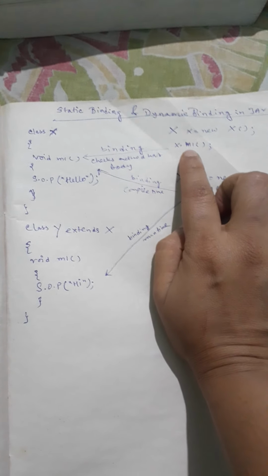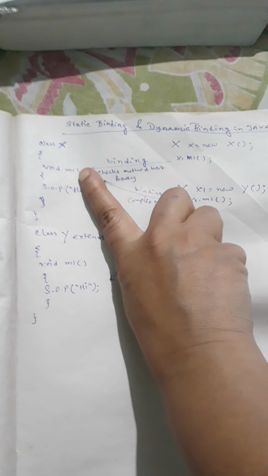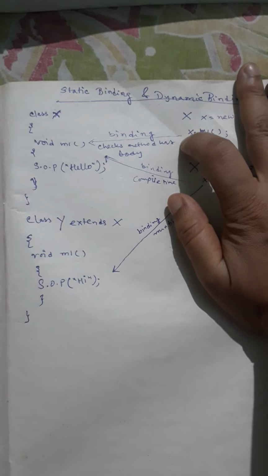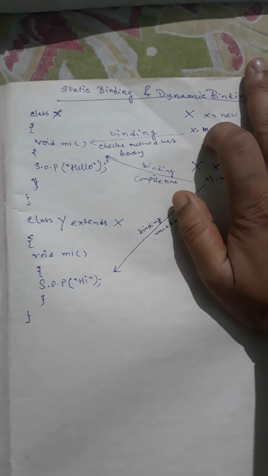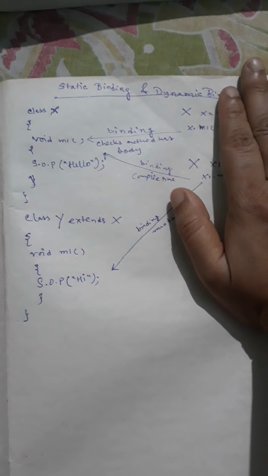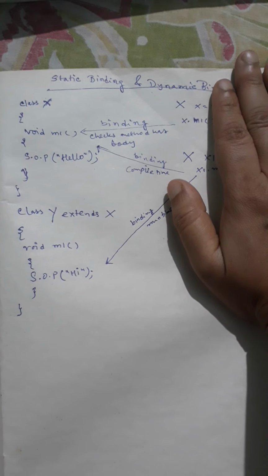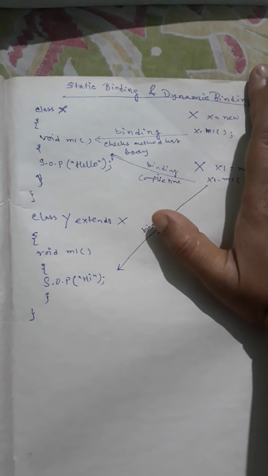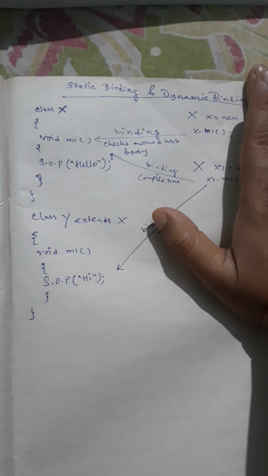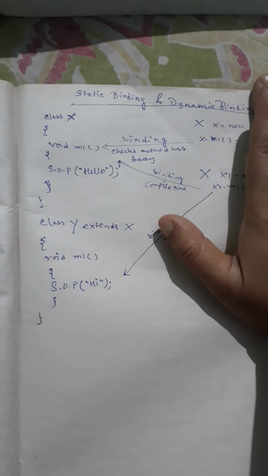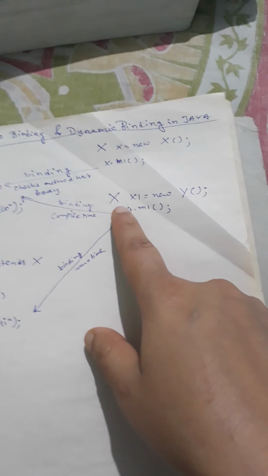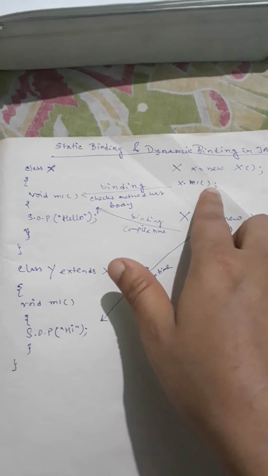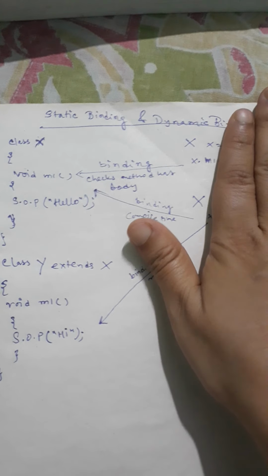x.m1 will be called at compile time. x is the reference variable of the X class, the superclass, and m1 is called on the reference variable, and it happens at compile time. It checks whether the method has a body or definition. This is static binding because it happens during compilation.